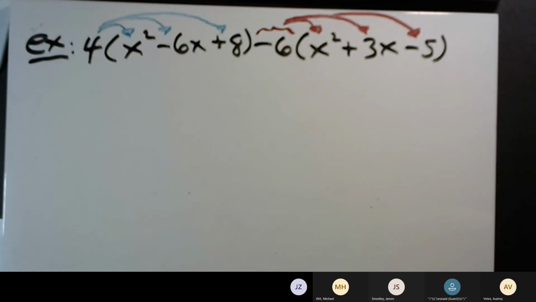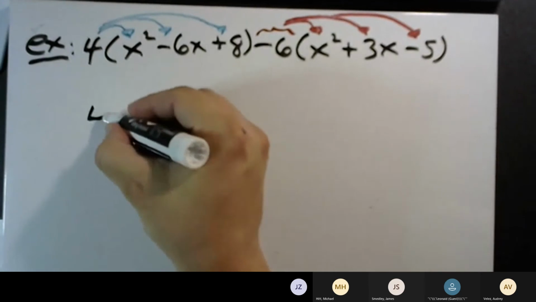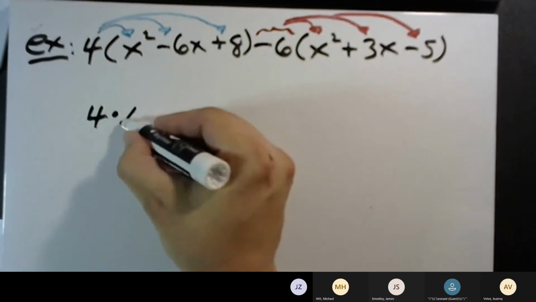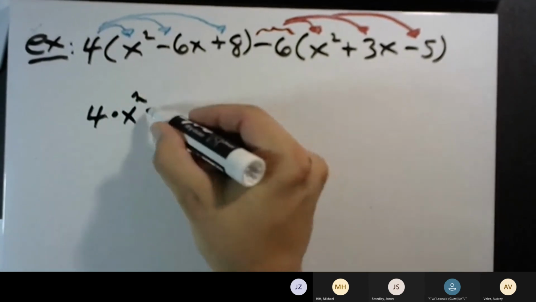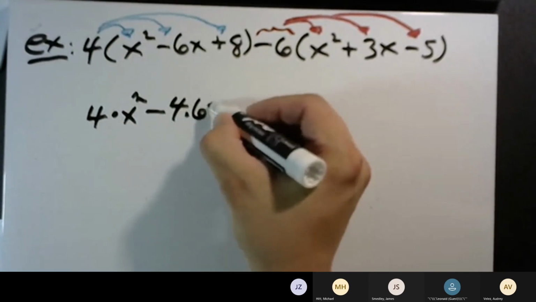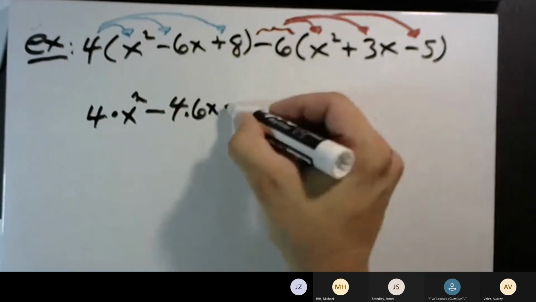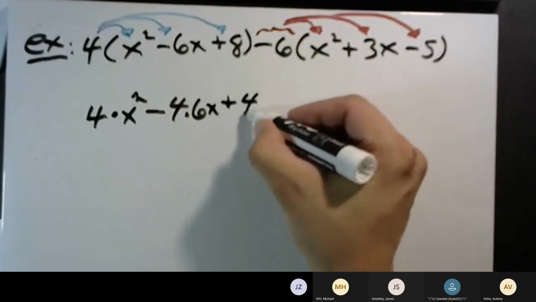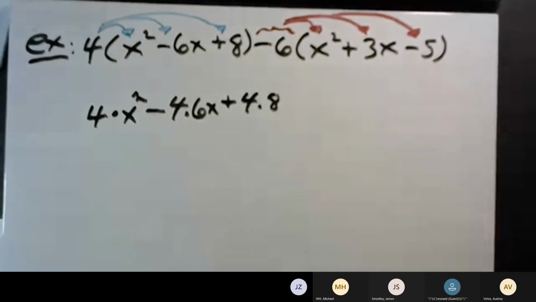So when we do that, what we're going to get, we'll get 4 times x squared minus 4 times 6x plus 4 times 8.